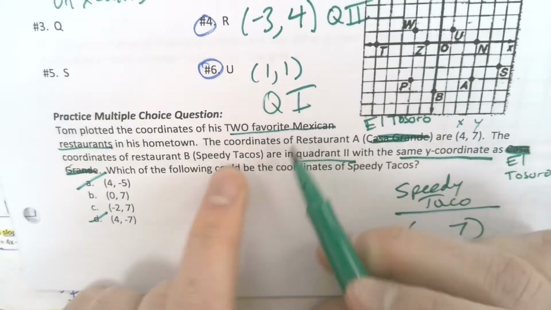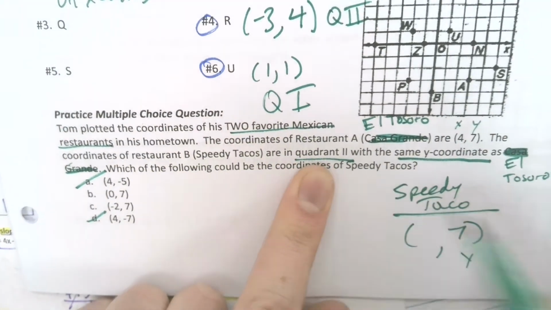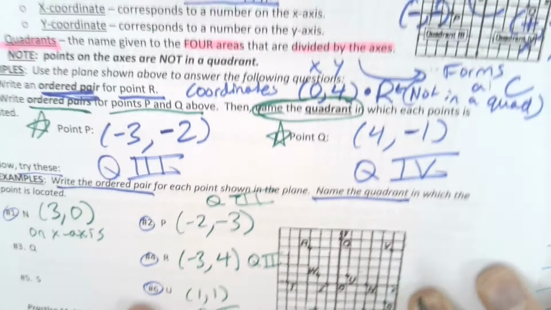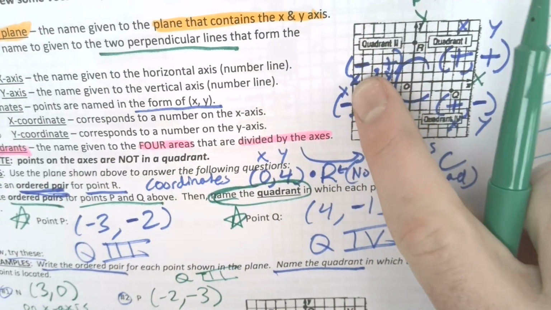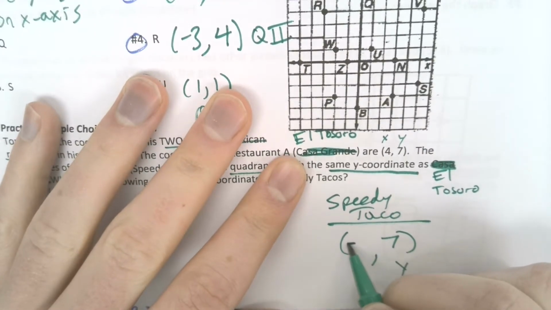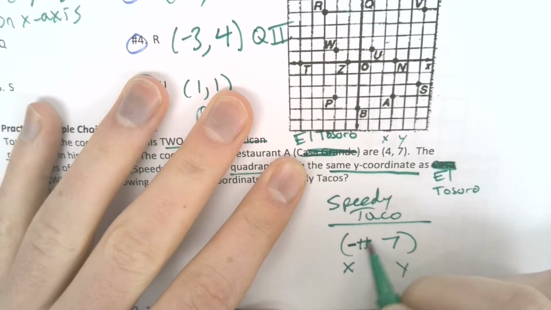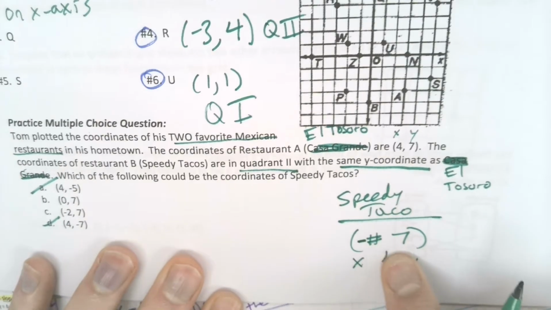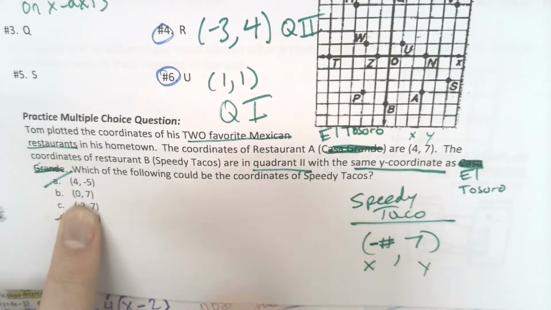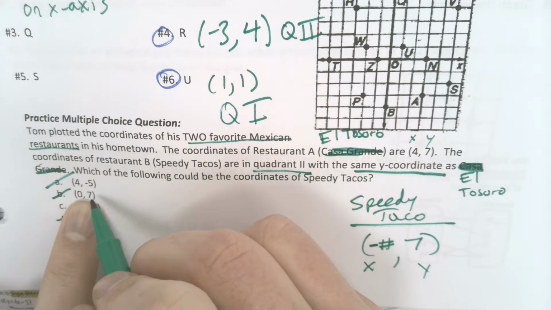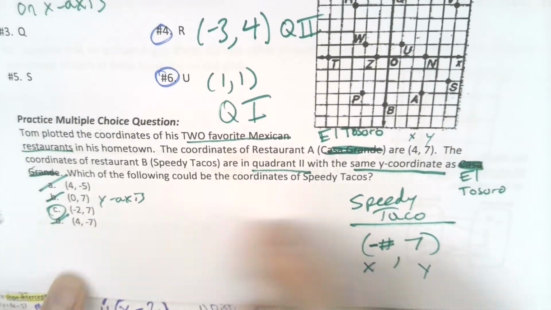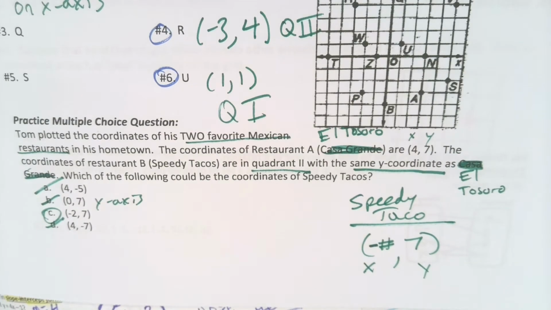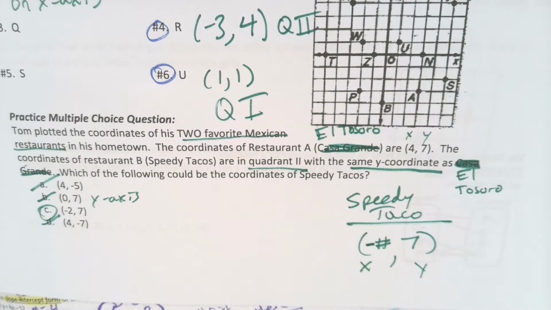Now here's the thing. Speedy Taco is in quadrant 2. Quadrant 2 is when we go to the left. That's when X is going to be negative. So we know Speedy Taco's X is going to be a negative number. Well, that can't be B. That's on the y-axis, 0, 7. Got to be C. Negative 2, 7. Great job.